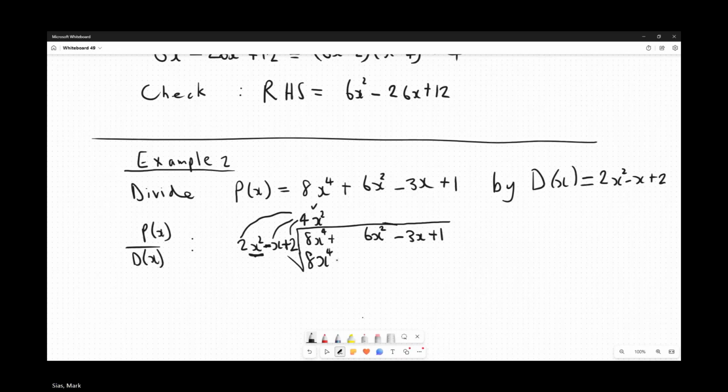And then I must multiply minus x, negative x, by 4x squared, and I get negative 4x cubed. Then this is the one that I didn't multiply correctly. Thanks for that. 2 multiplied by 4x squared is 8x squared, of course. And there are my terms.